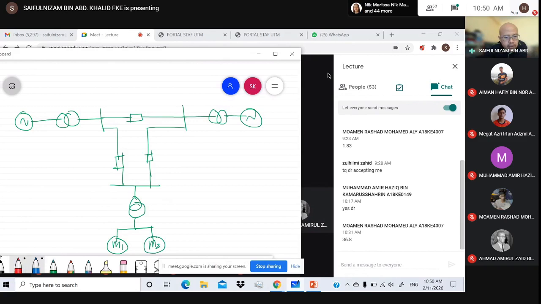Okay, as usual, you start with this generator, right? So you need to find what is the base voltage here. So you start with this. You select the base. So this is G1, let's say, T1, T2, G2, T3.